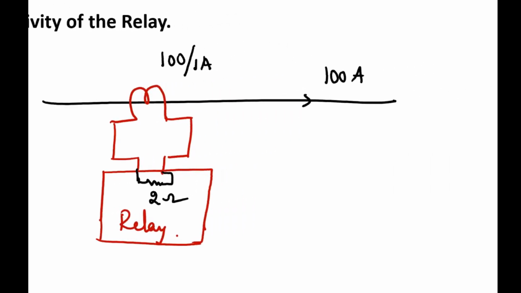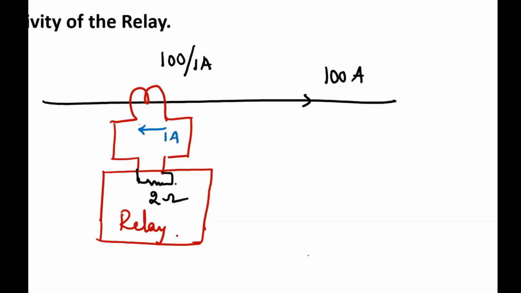When 100 ampere current flows through the primary, the secondary current will be how much? The secondary current is 1 ampere.